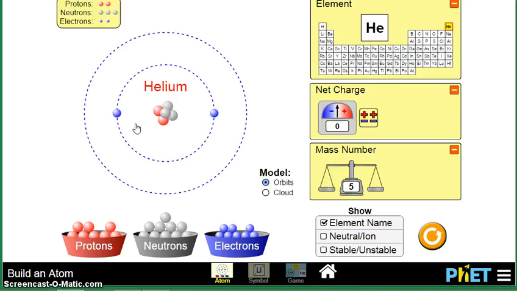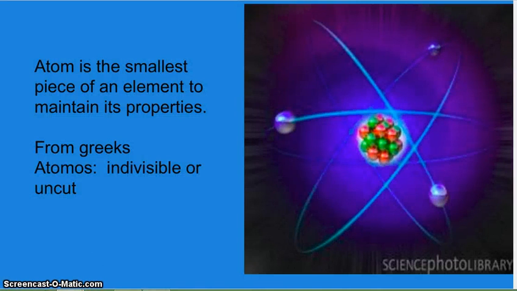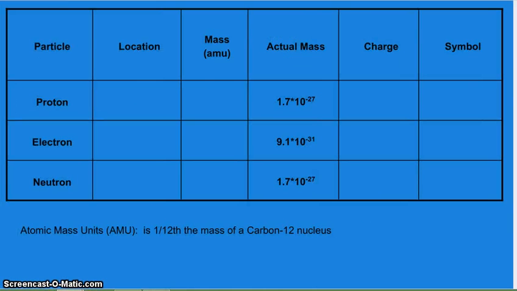Okay, so let's actually fill in our table based on what we've looked at so far. Okay, so putting that atom together really quickly, we know that a proton is going to be found in the nucleus.